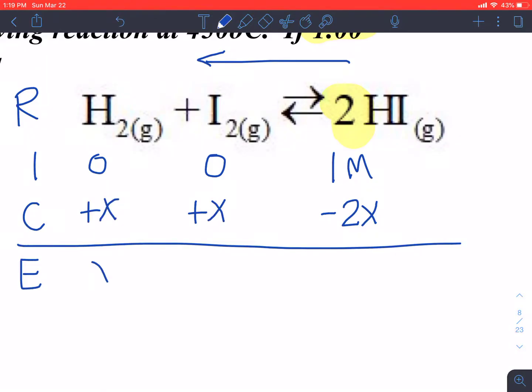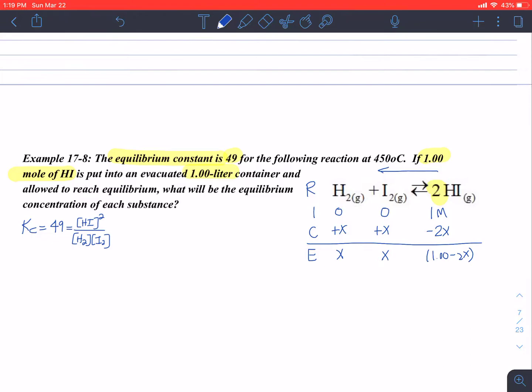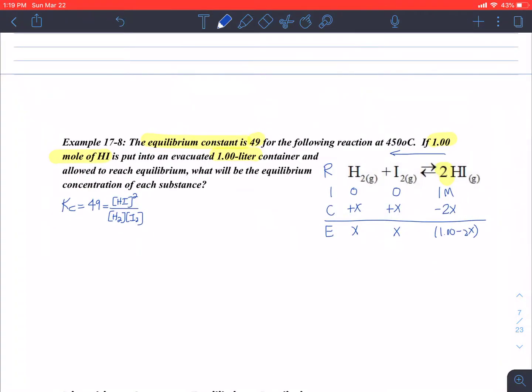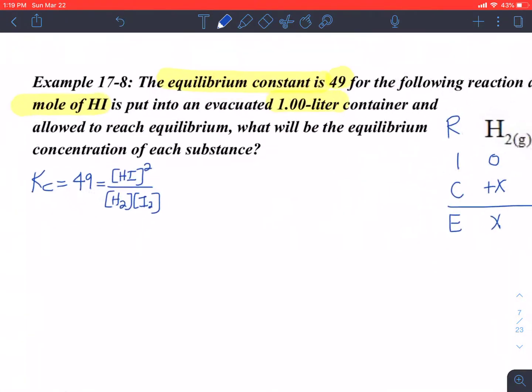Okay, so at equilibrium, you have some concentration x, some concentration x, and here you have 1 minus 2x.